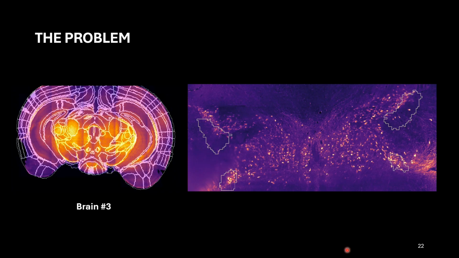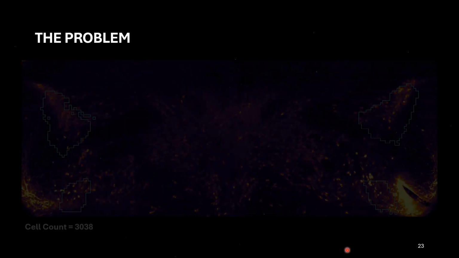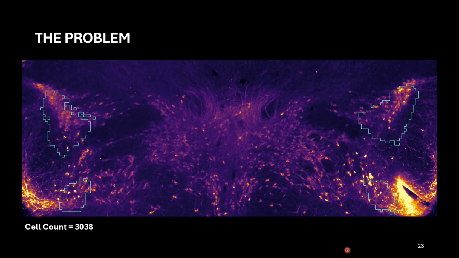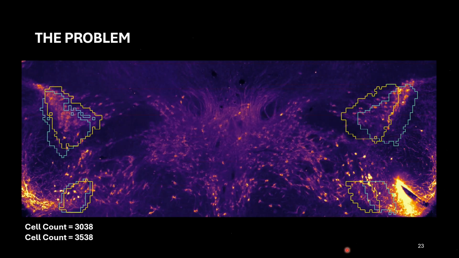So further, the channel that's used for registration is... I noticed that when I run the registration and I pull out this region here, it looks pretty good, but the cell counts say roughly about 3,000 for this one. But then if I change even one of the parameters on the exact same data set, the region shifts just a little bit, and again, we don't know which one's right or wrong.